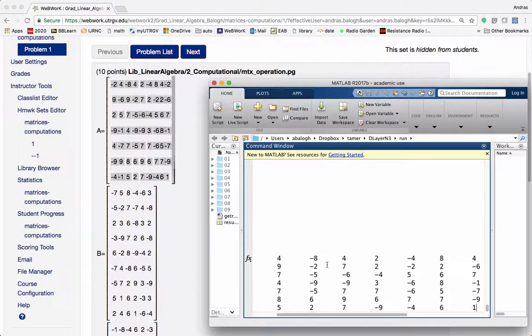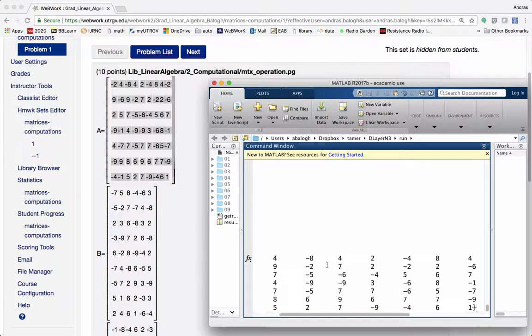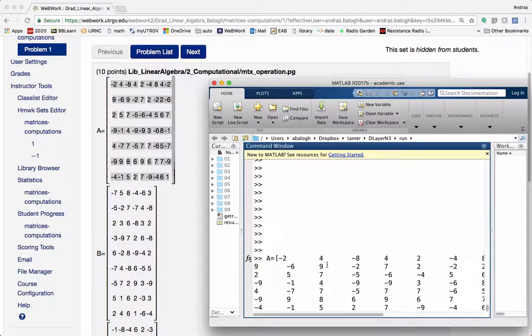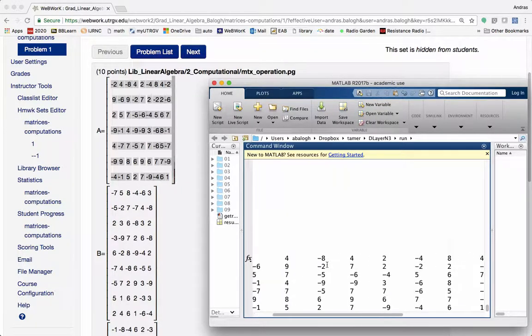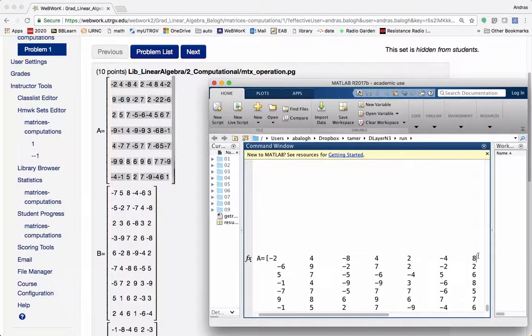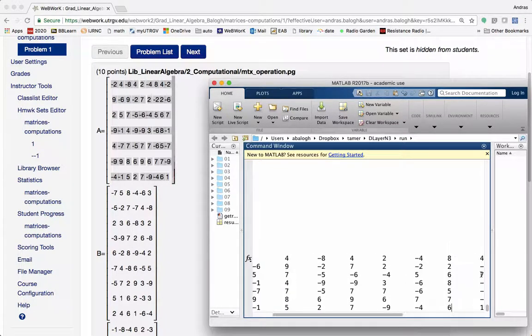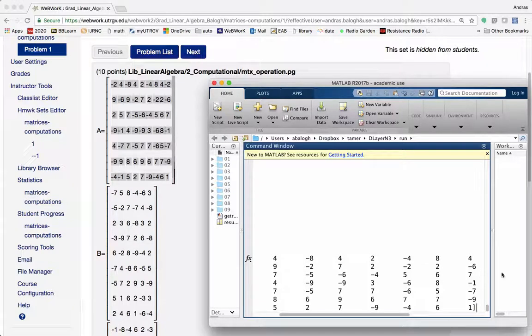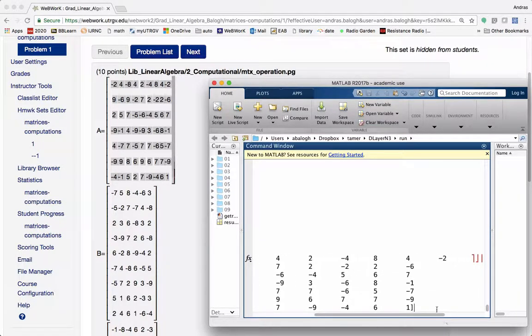Then you paste the numbers, and the numbers should be already pasted in a rectangular matrix way as it's shown when you use Ctrl C and Ctrl V. Then of course you also have to find the end of the matrix and close it with a close bracket.